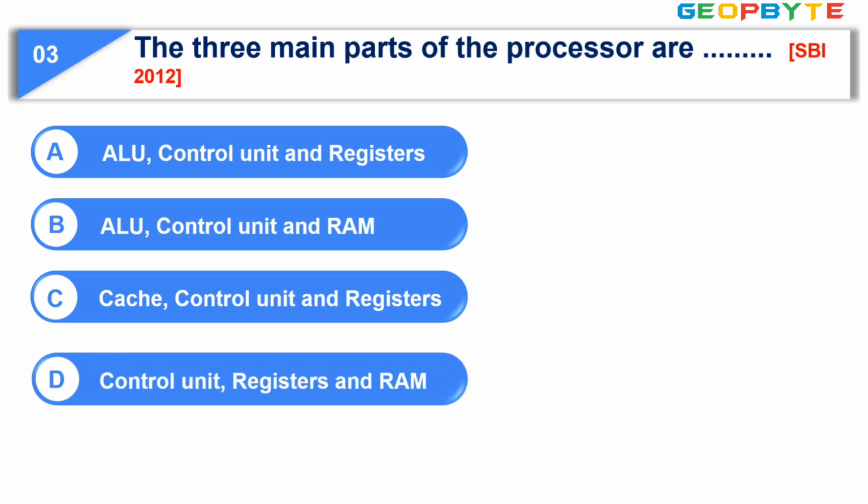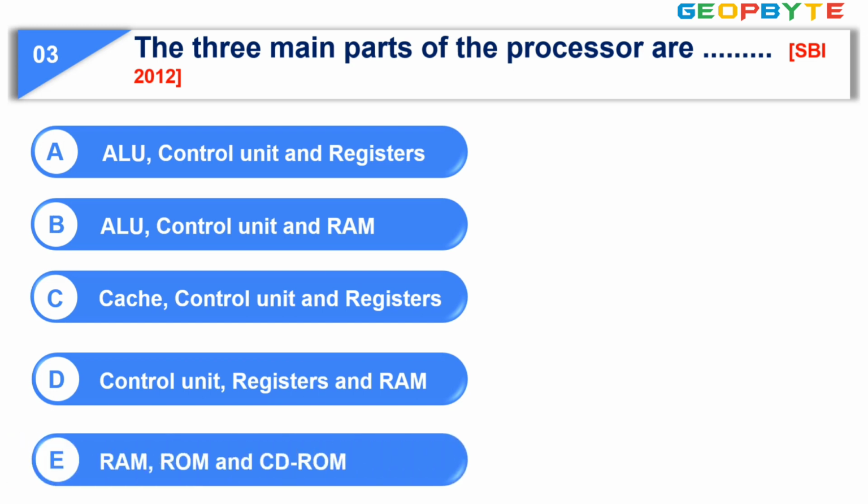Option D, control unit, registers and RAM. Option E, RAM, ROM and CD-ROM. And the correct answer is option A, ALU, control unit and registers. These are the three main parts of the processor.